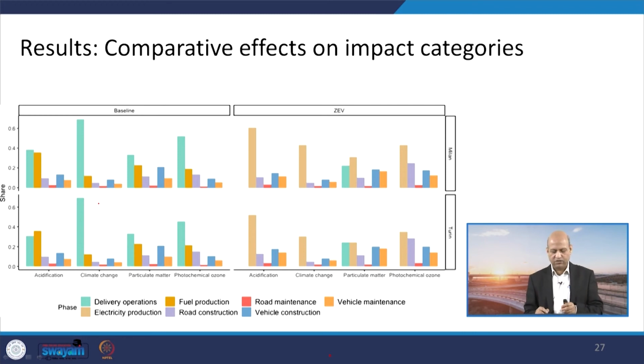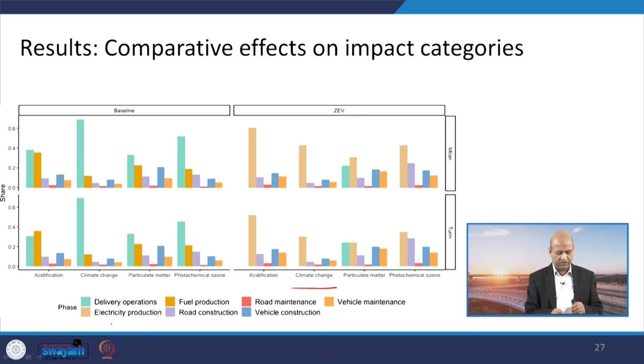But in the electric vehicle scenario, in climate change the reduction is there, of course, in totality, but the bigger role is from electricity production. That means the emissions from coal based power plants where electricity is produced for charging the batteries of the electric vehicles.